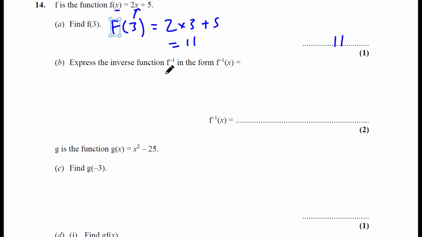Now the inverse function in the form of f of x to the minus 1, well, what we do is f of x, we start with this, 2x plus 5.